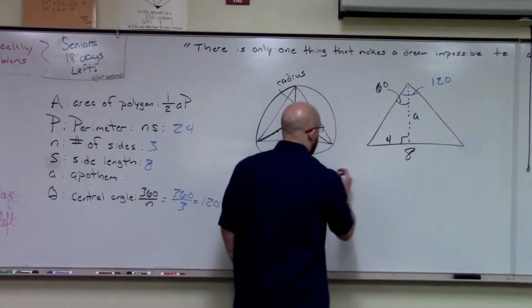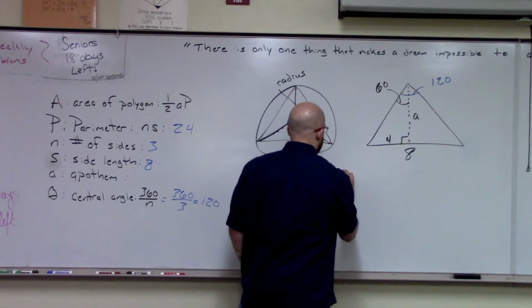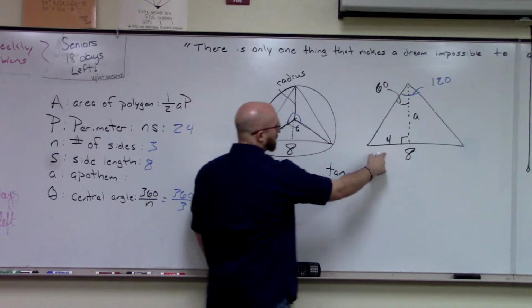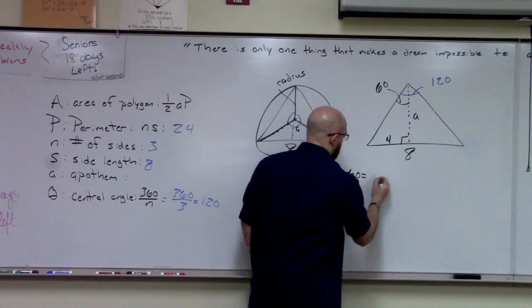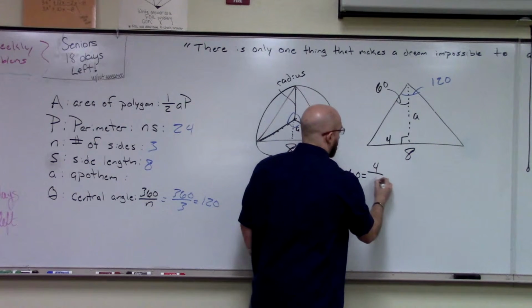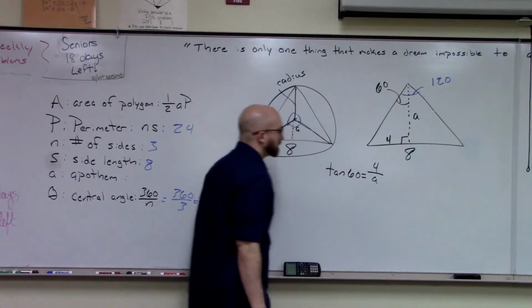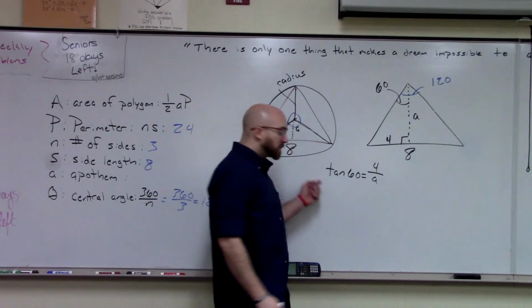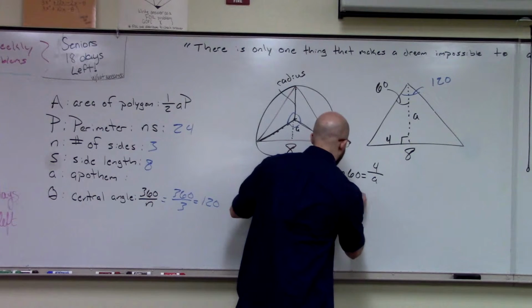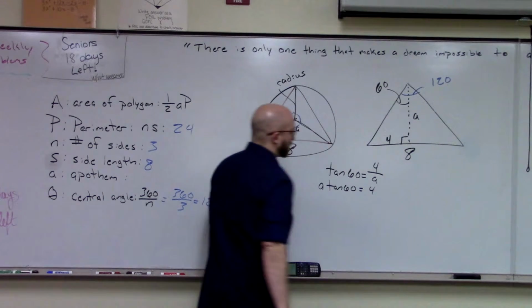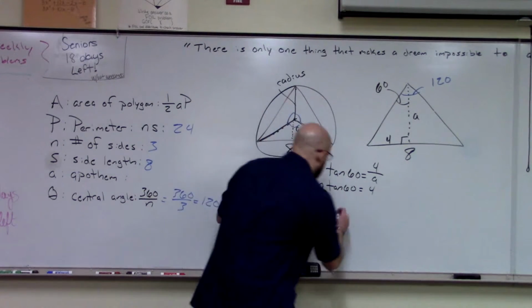So we have tangent of 60, and I'm going to use tangent because it's opposite and adjacent, equals 4 over little a. Of course, you multiply by a, and then divide by tangent of 60. So a equals 4 divided by tangent of 60.